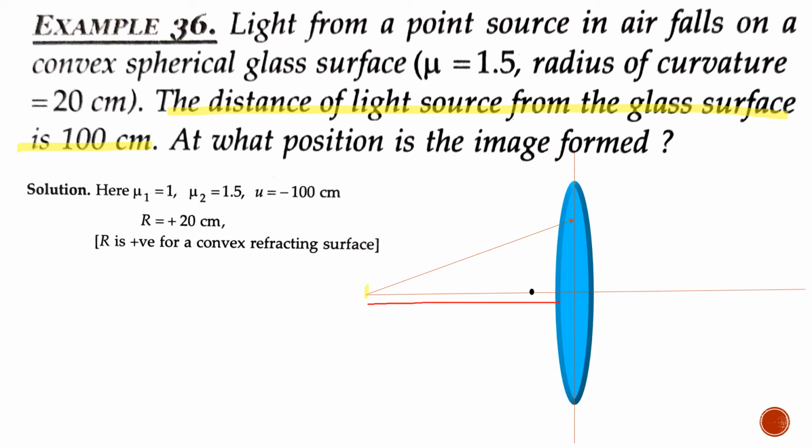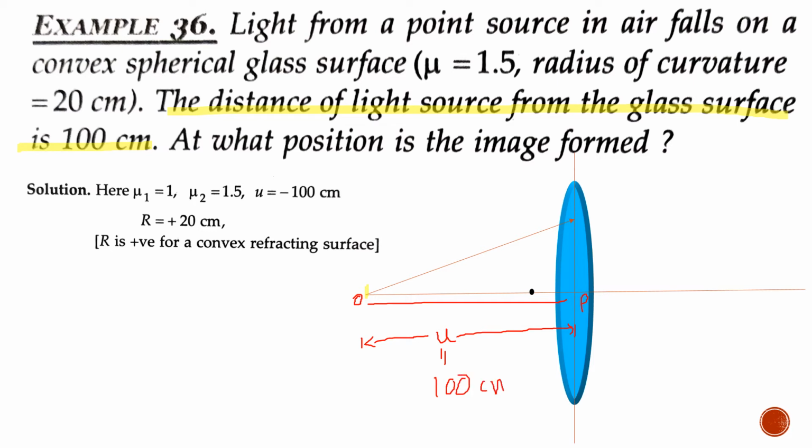The distance between your pole and your object is your object distance, denoted by small u, and it is 100 centimeter.